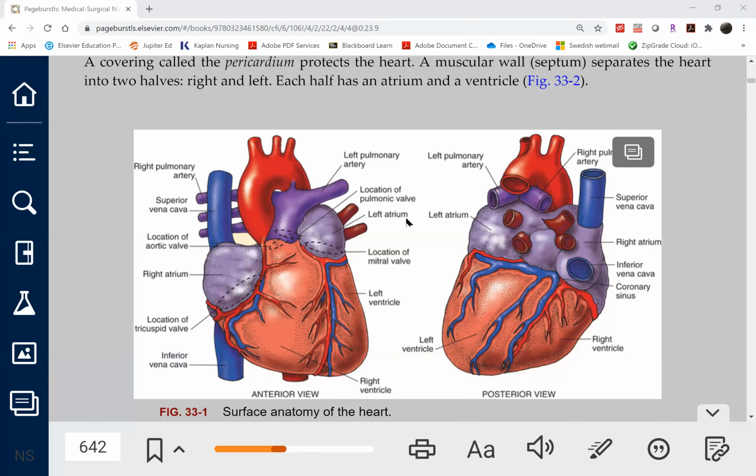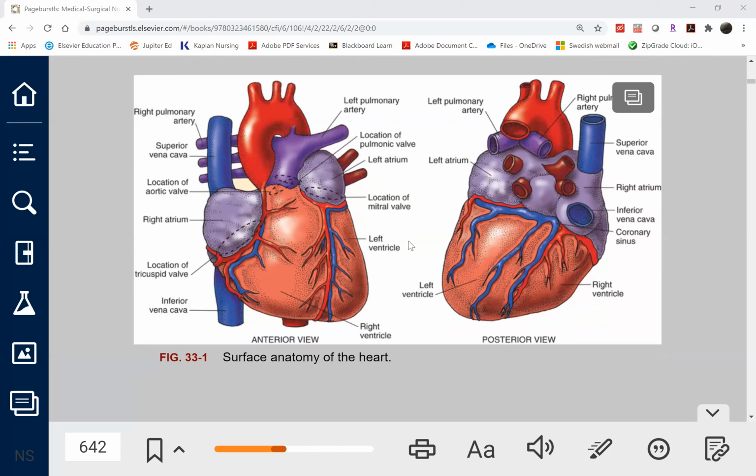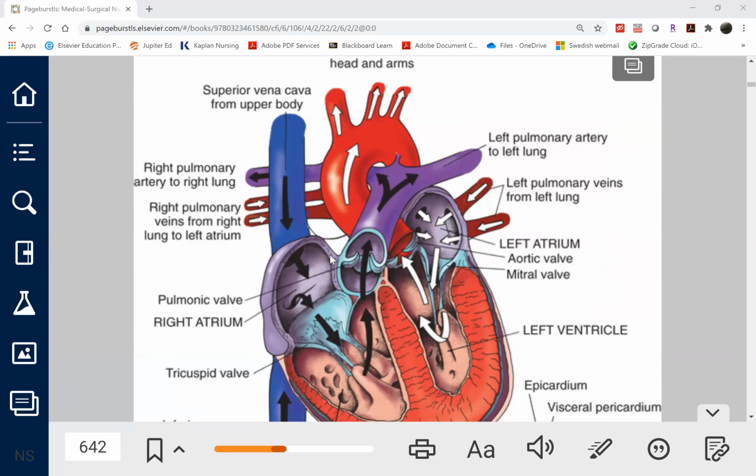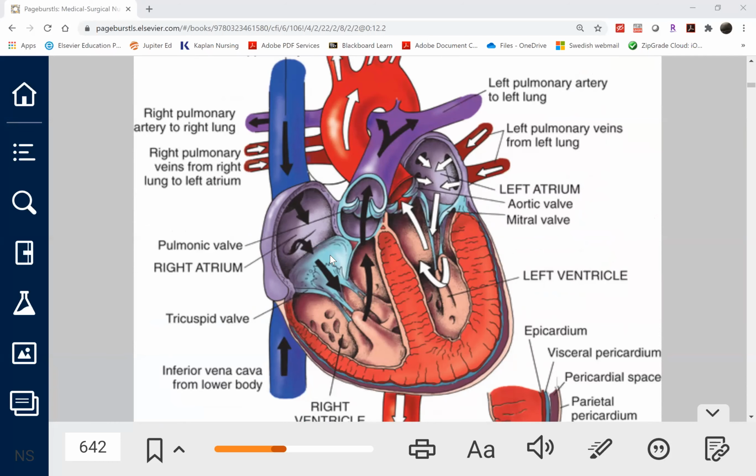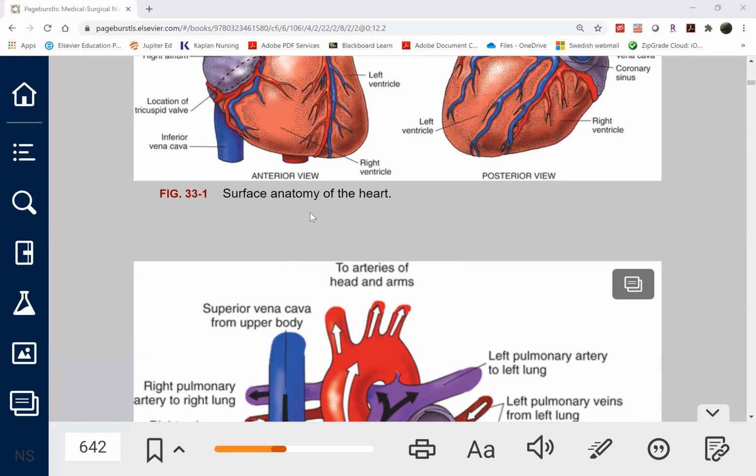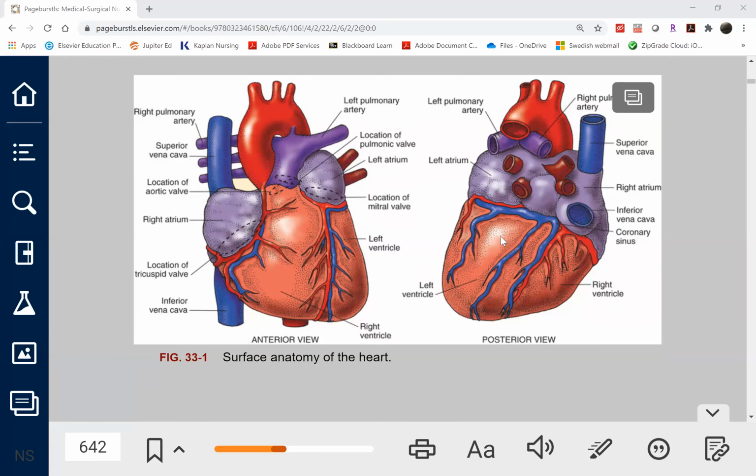So let's begin. This is your anatomy. You have your coronary arteries here. Cross section will be on the next figure. So this is a cross section of your heart. This is your anterior, and this is the posterior view.